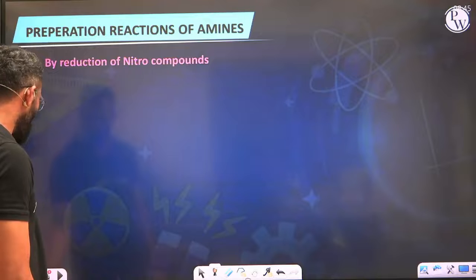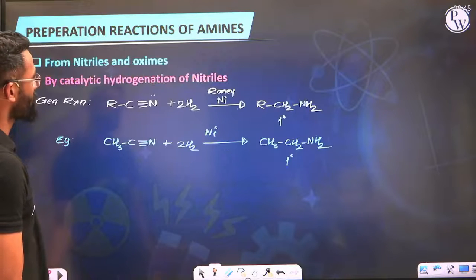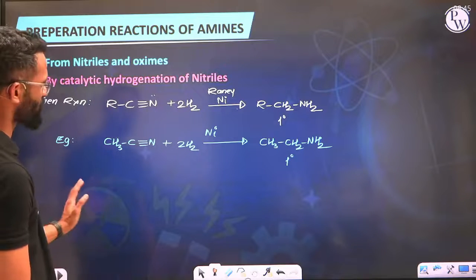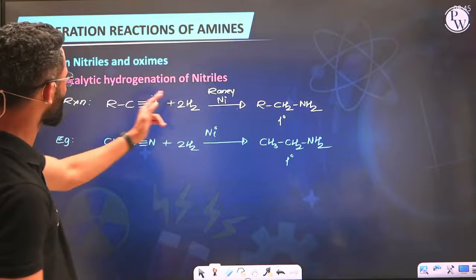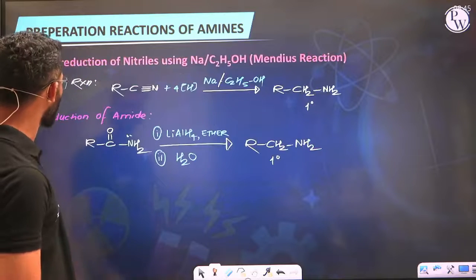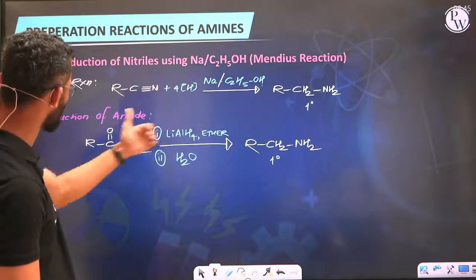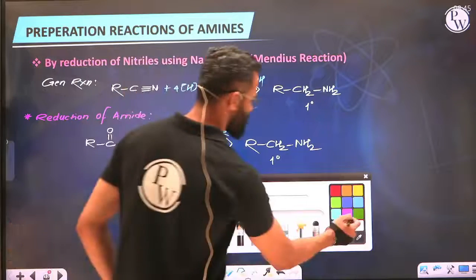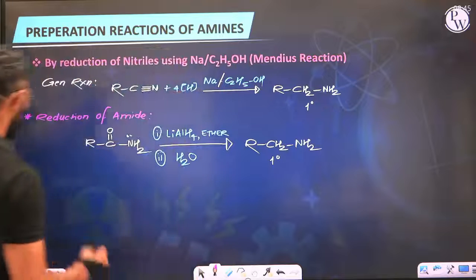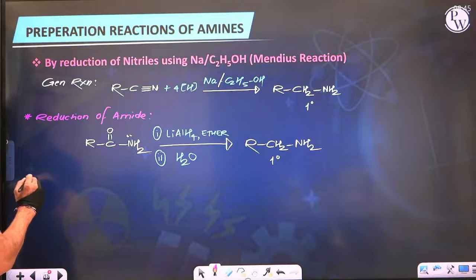Likewise, the third functional group: the first was nitrile, the second was amide, third is oximes, which can also be reduced. Hold on guys, for oxime we have no place, okay, we'll write oxime here. So first catalytic hydrogenation of nitrile, second reduction of nitrile using sodium in ethanol, third reduction of amides. Let's talk about oximes as well. So reduction of oximes.